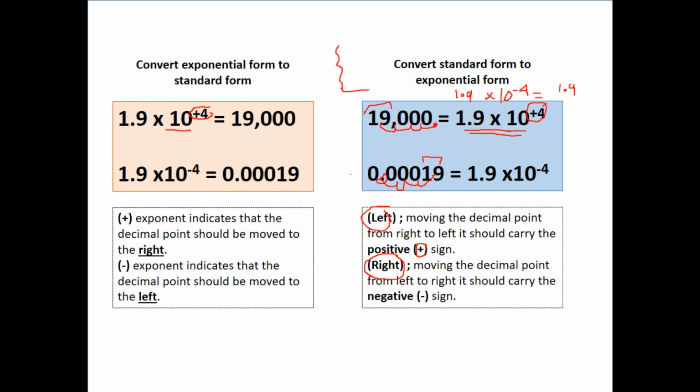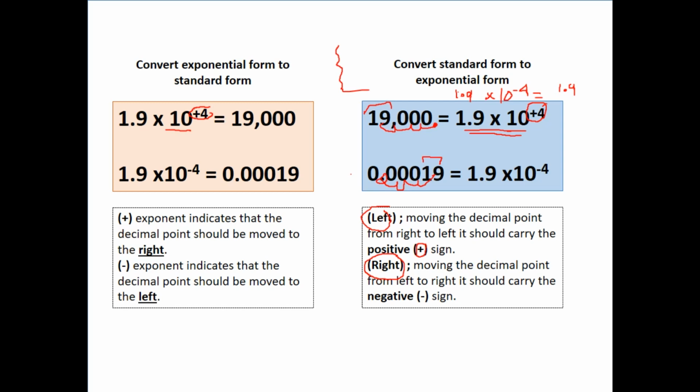So, we cannot say 19. We cannot say 19 times 10 raised to the power of 4 because if we are writing an exponential form with a coefficient, it cannot be more than 10. Okay? So, we have 1.9, identify again the decimal place, which is between the first zero and the second zero.